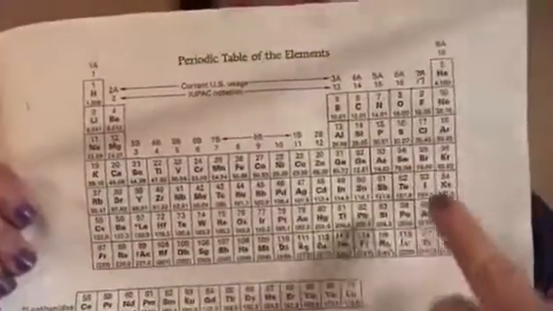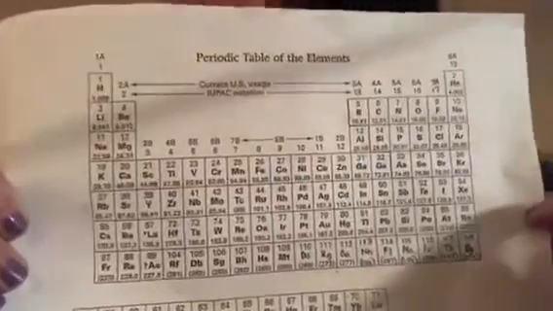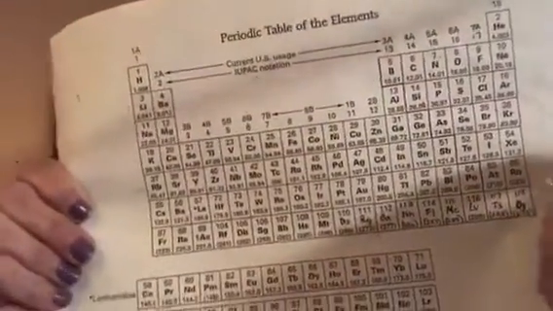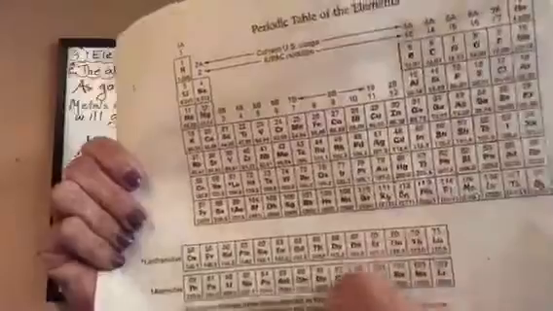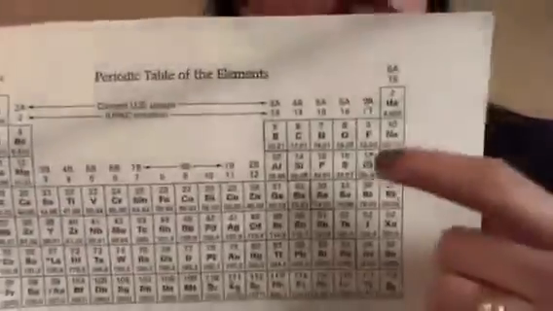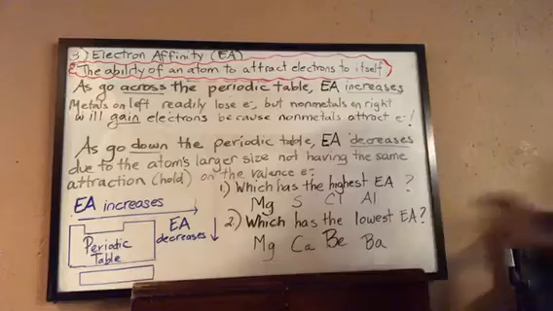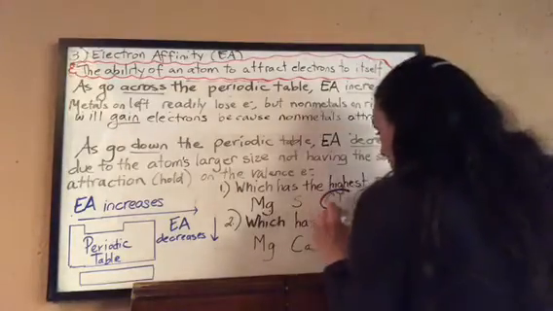So the atom that has the higher electron affinity would be somewhere where we have a nonmetal, because the nonmetals tend to attract electrons to themselves. And the one that's furthest over is chlorine. So chlorine has the highest electron affinity.